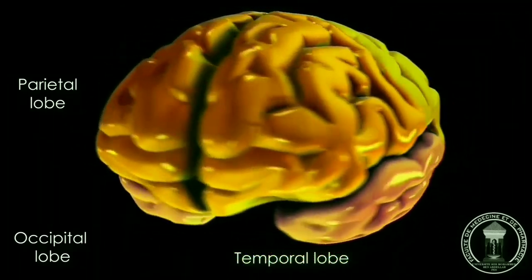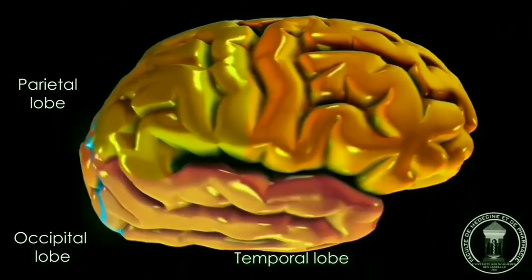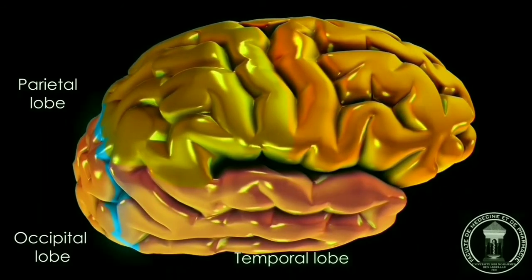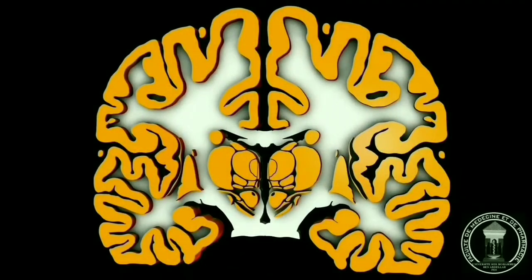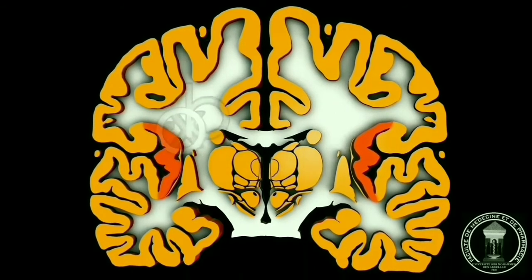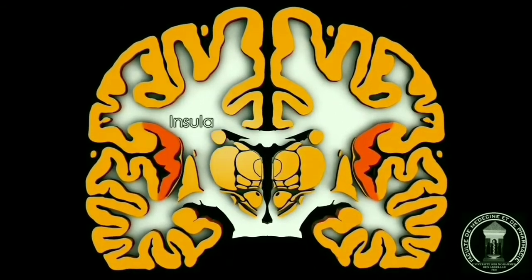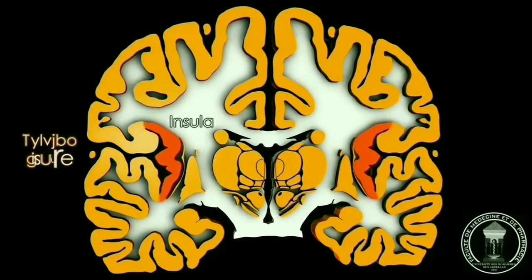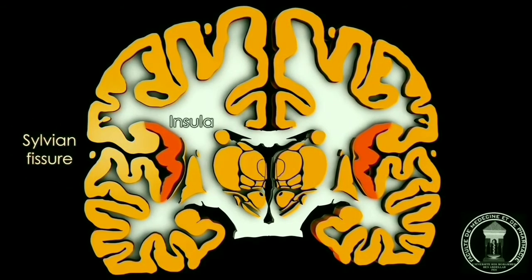Since these 3 sulci are not complete, the lobes are not clearly demarcated from each other. A 5th median lobe called insula or insular cortex is folded deep within the lateral sulcus.